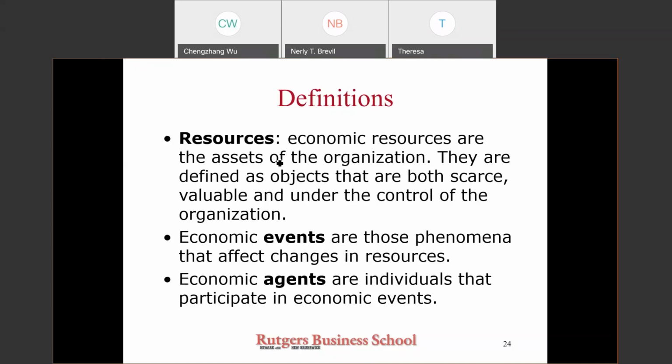They are defined as objects that are scarce, valuable, and under the control of the organization. Economic events are those phenomena that affect changes in resources, while economic agents are individuals that participate in economic events.